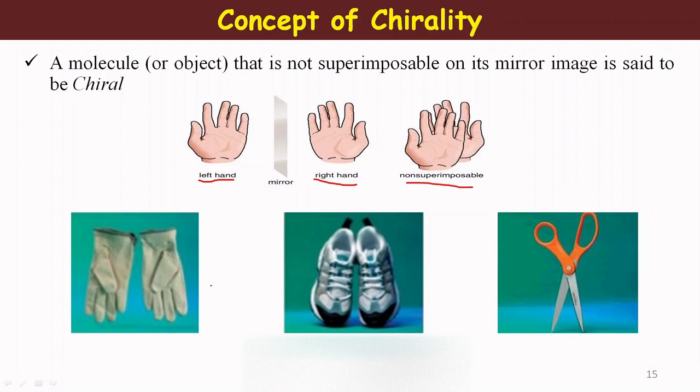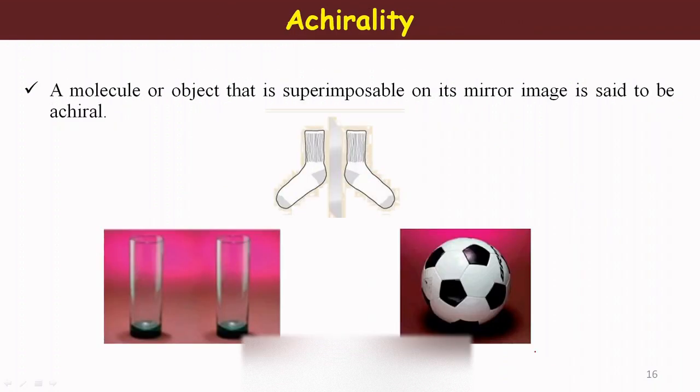Similarly, a pair of gloves, shoes and scissors are all chiral objects. At the same time, a pair of socks, the glass or the ball also have a mirror image relationship, but they are superimposable. Hence, they are achiral.